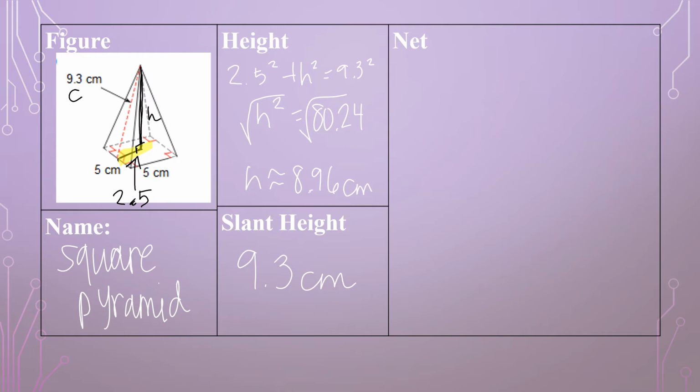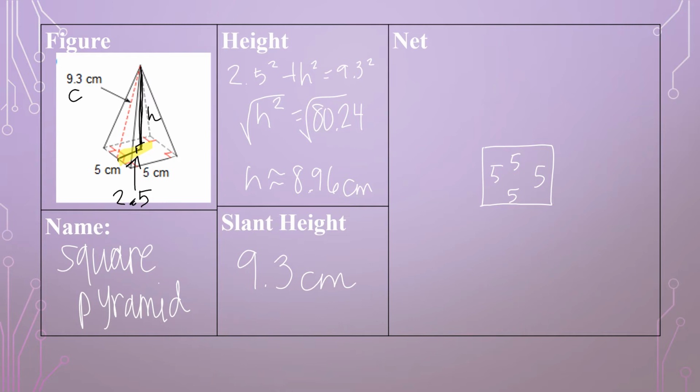Okay, so then the net. These nets are a little bit easier to draw because we know that all of the sides are triangles, and we know that the base is a square. So if the base is a square, all of these sides are 5. And again, when we're drawing nets, we don't need to put the units down. It takes up too much room.